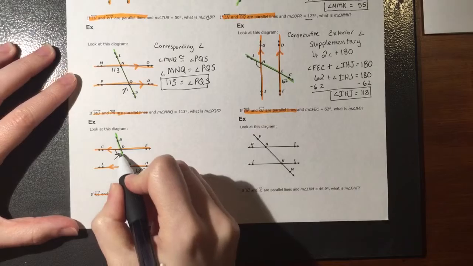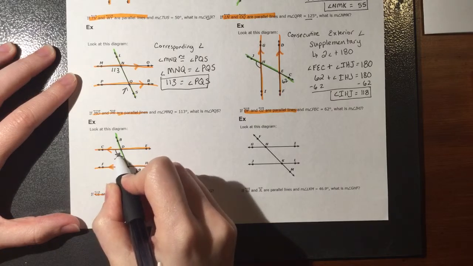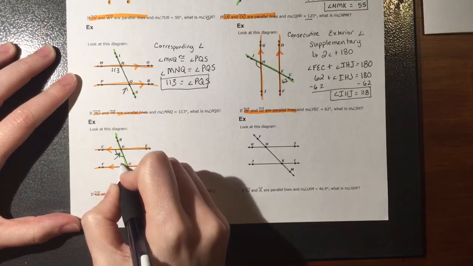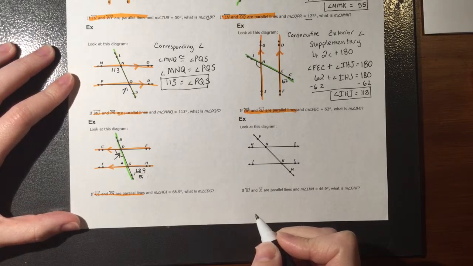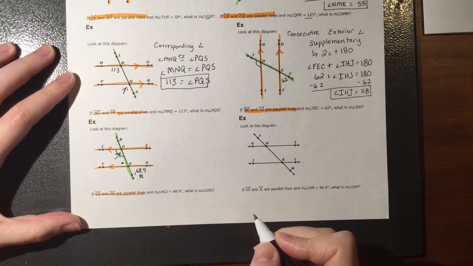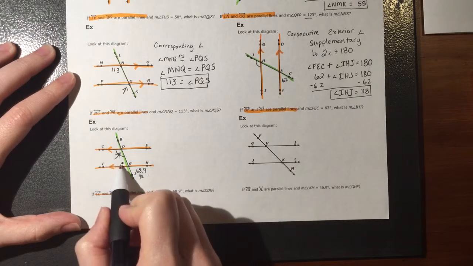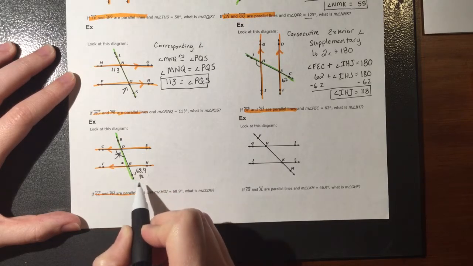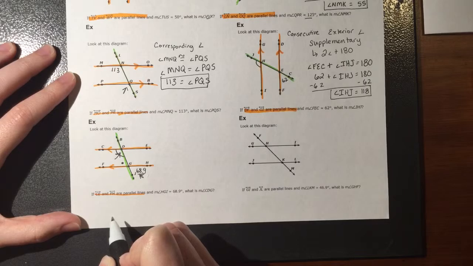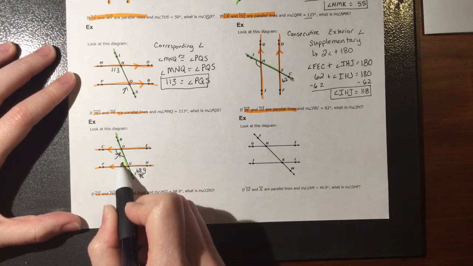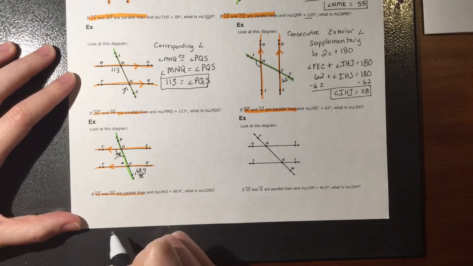But if it had talked about this angle and this angle, those would have been consecutive interior angles. Well, is there a way to know the value of this angle given this angle? How are this angle and that angle related?